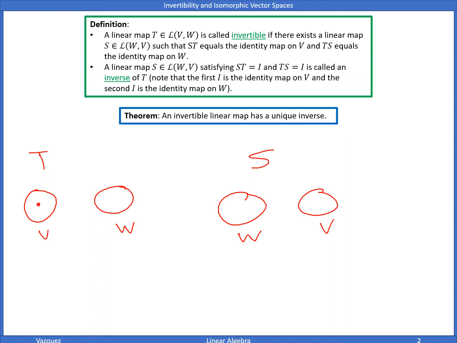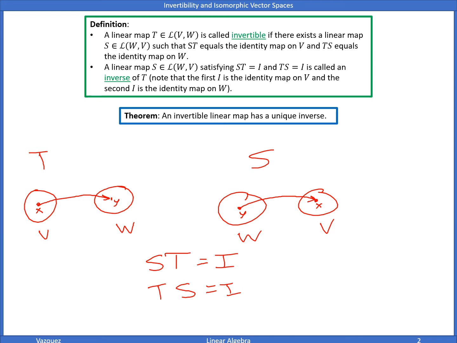So these are inverse if for an element X, we'll call this one Y, and then we take the element Y and move it, and it maps back to X. That's the identity mapping. So in that case, ST is equal to the identity map, and TS can be thought of the same way, just in reverse order, and that's how we get the identity map, and that's what we call inverses.